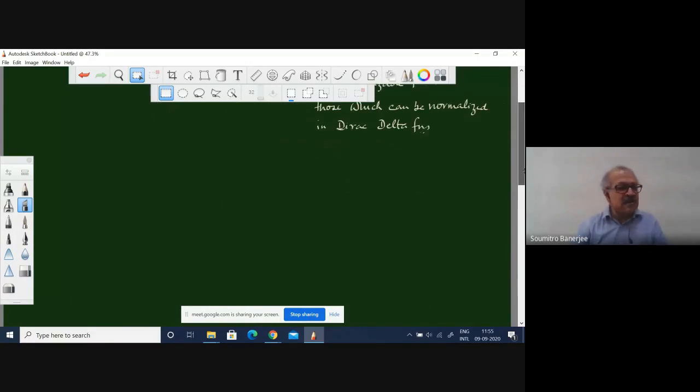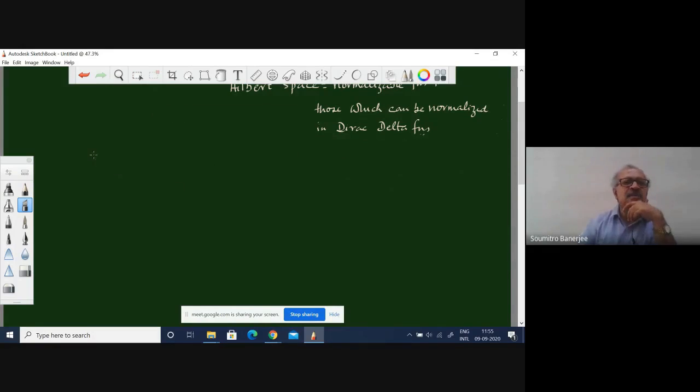Another way to visualize the Dirac delta function is to consider the Gaussian. This Gaussian function is delta(x minus x prime) equal to 1 by root pi delta, e to the power minus (x minus x prime) square by delta square.